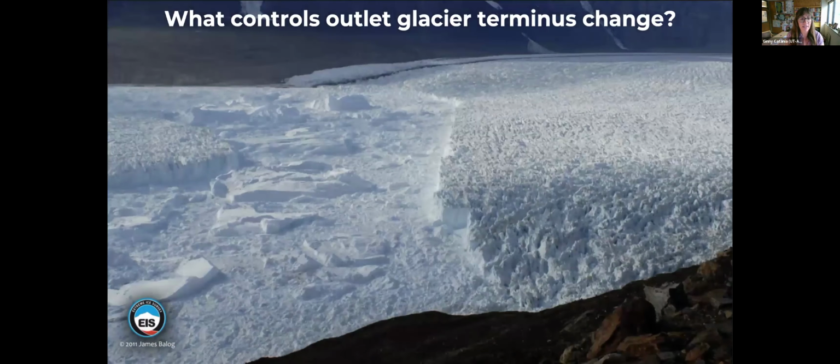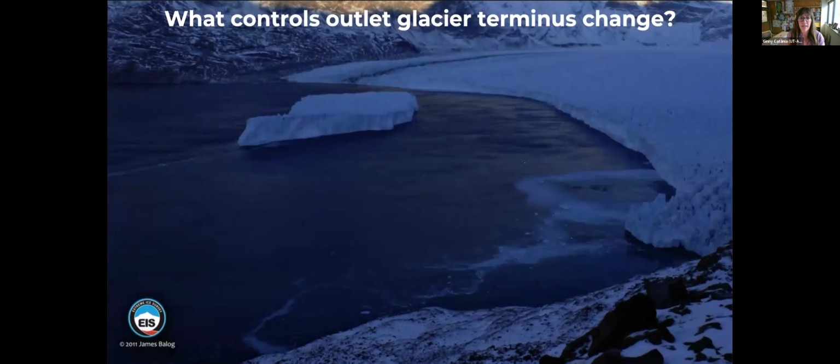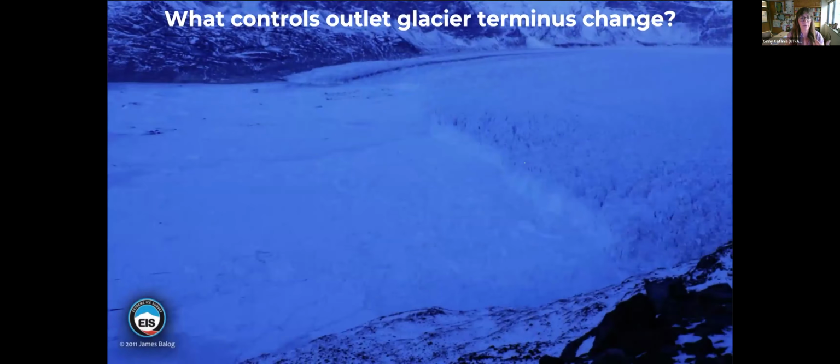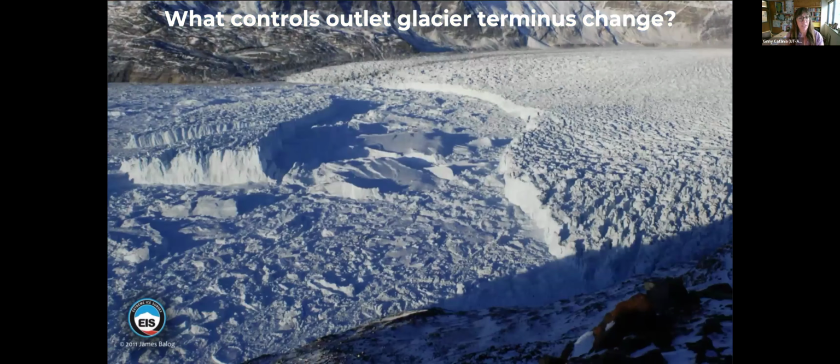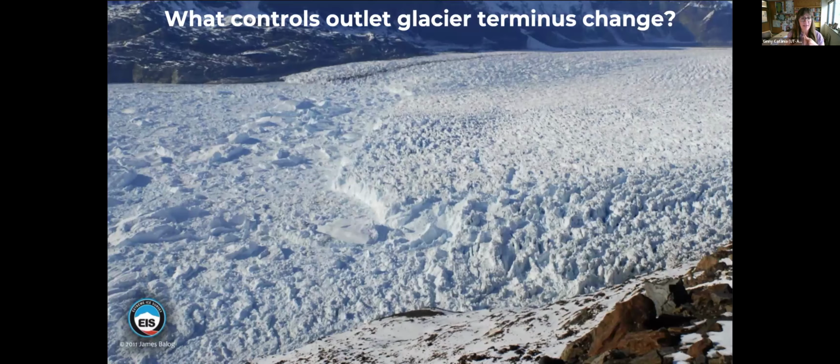And it's challenging for a lot of reasons that this movie really nicely highlights. One is that it's a really dynamic and changeable environment. You can see things changing on timescales from hours to days to seasons to years and multiple years. It's also a place where there's a lot of processes happening.